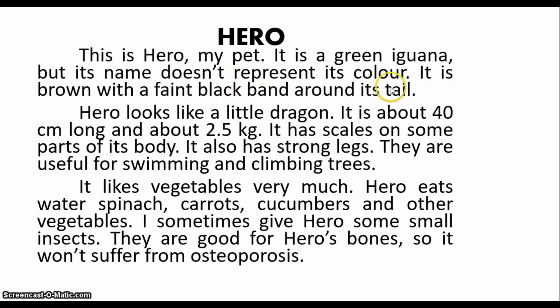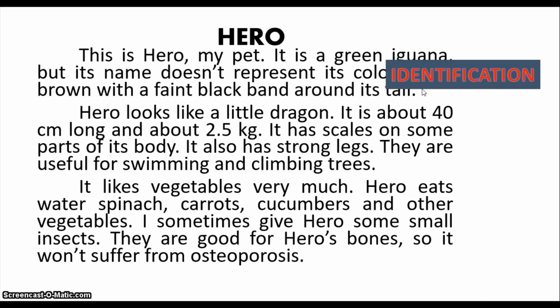The first paragraph is, of course, the identification. Here, the writer is trying to introduce the pet, Hero, to the readers. So this is Hero, my pet, and he gave a little description about his pet.